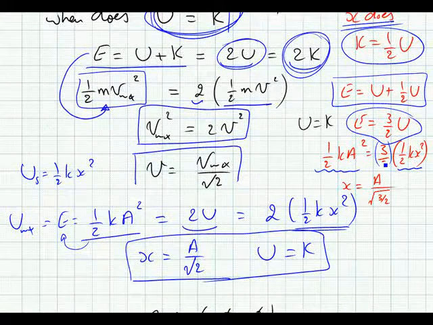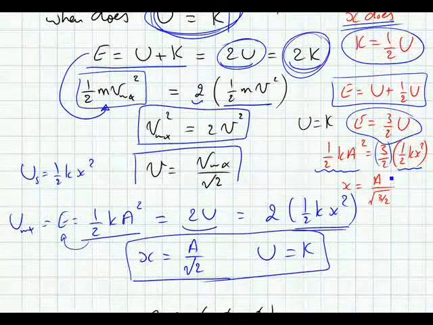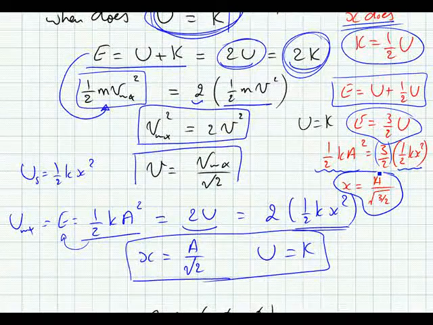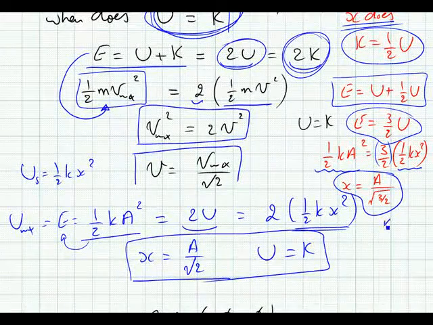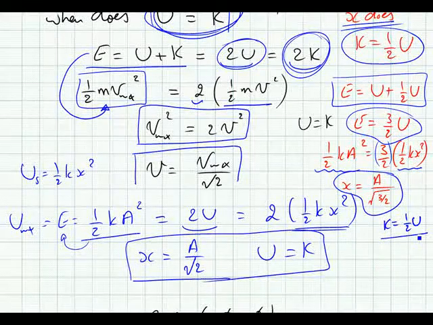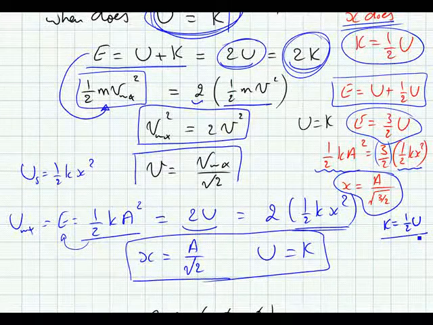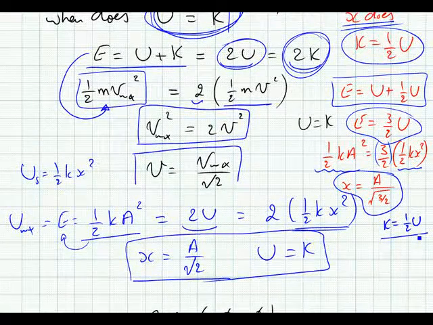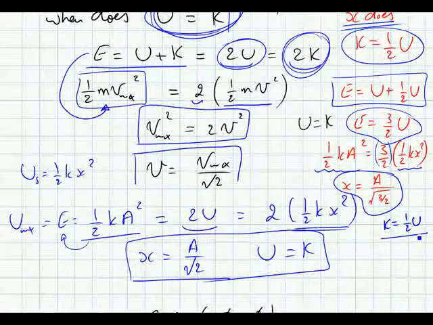So at x equal to a over the square root of 3 over 2, kinetic energy has 1/2 the value of the potential energy. So you can pretty much find the position or the velocity of the object for any ratio of kinetic to potential energy that you're interested in.